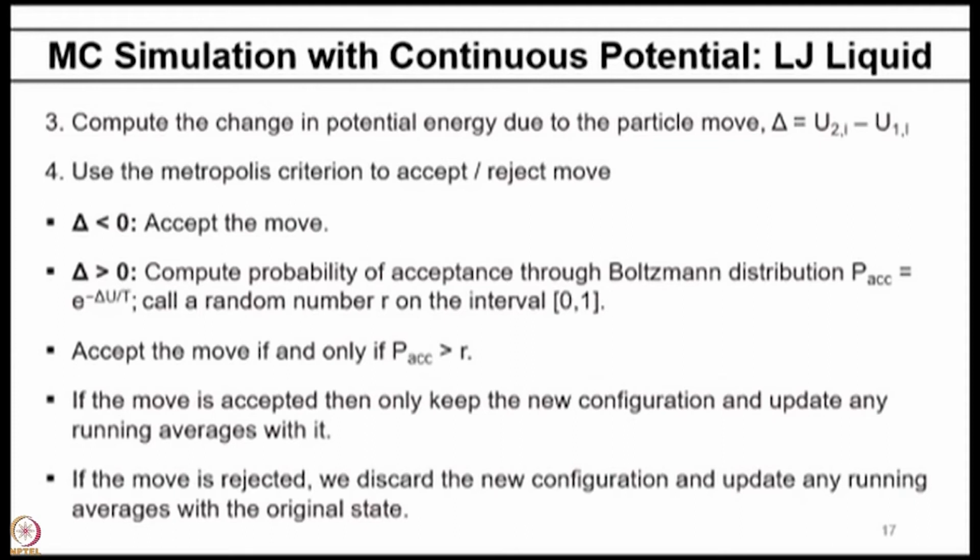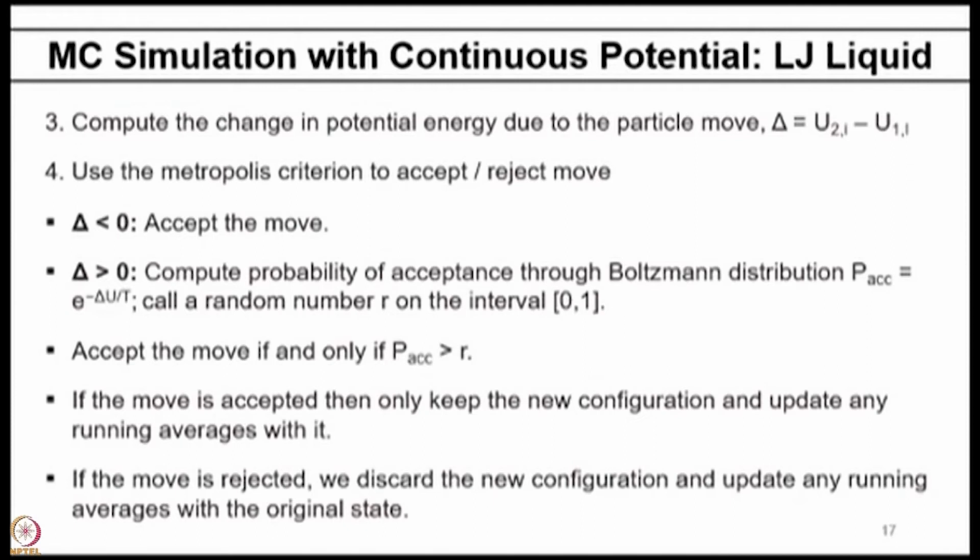But here we call a random number r, and if my e to the power minus delta is greater than r, then only accept. That means when the energy increase is not very large. Why do we do that? Because if we keep on neglecting all the moves, then it becomes very demanding and we don't get good results. Many times we have to go up the hill a little bit, then go down.